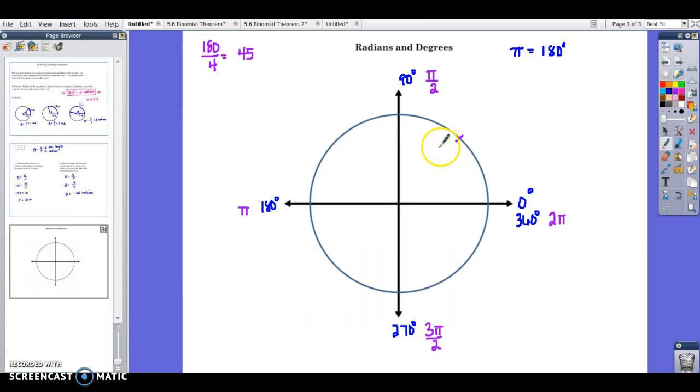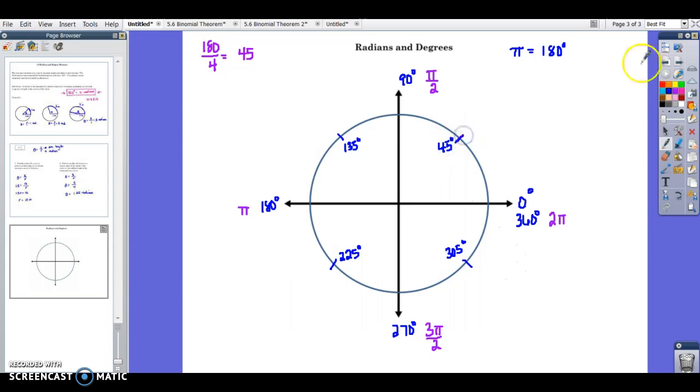I'll put the degrees on the inside. That's 45 degrees. There would be 90 degrees, and here would be 135 degrees. 180, and then add 45 degrees again, that gives me 225 degrees. Add 45, that takes me to 270, then add 45 degrees again, that takes me to 315 degrees, then add another 45, and that takes me to 360.